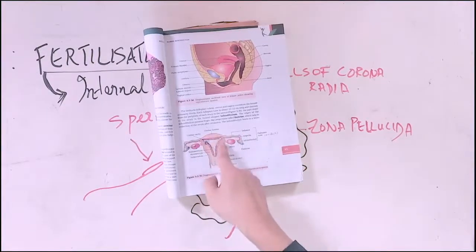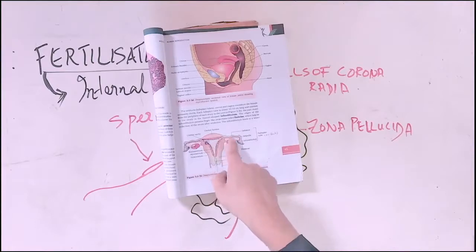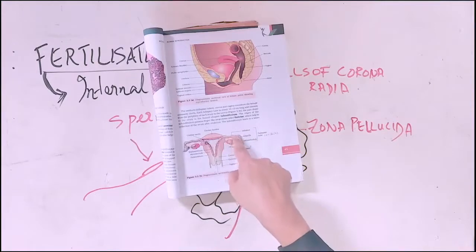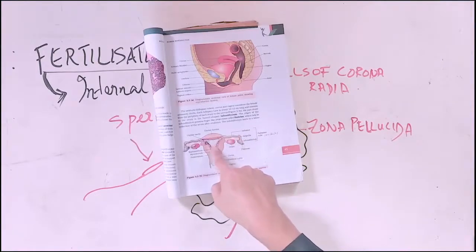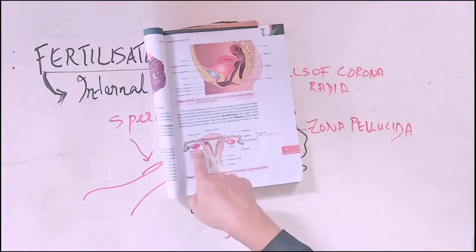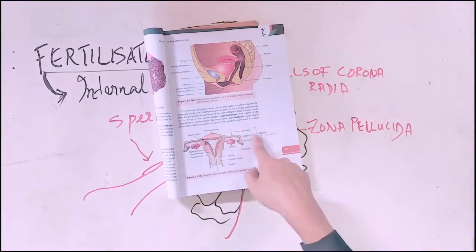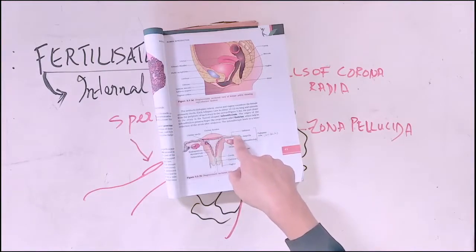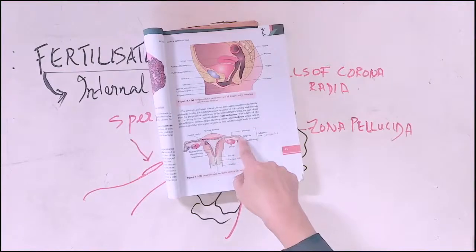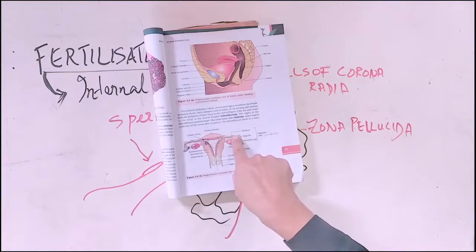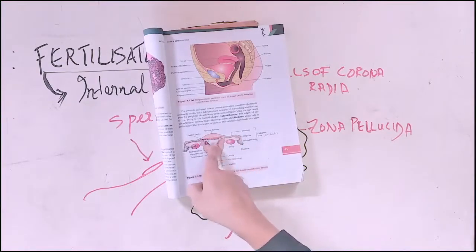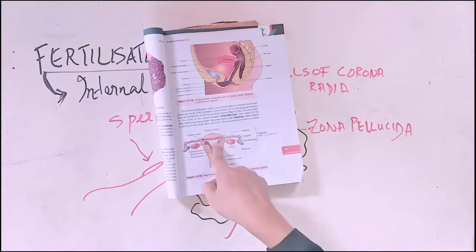It reaches the fallopian tube, the isthmus to ampulla region. Fertilization takes place in the isthmus-ampulla junction, the ampullary region, according to the textbook. After fertilization, the zygote moves to the uterus for implantation, which is the next topic.